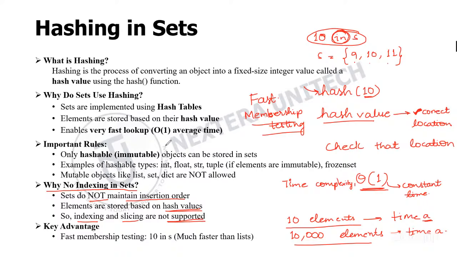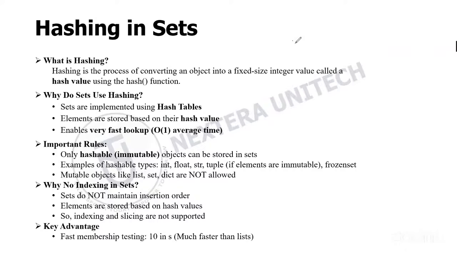So one important rule is that only immutable objects are stored in sets. Immutable objects are the hashable values. Immutable objects means you cannot modify them, right? Immutable objects are not modifiable.